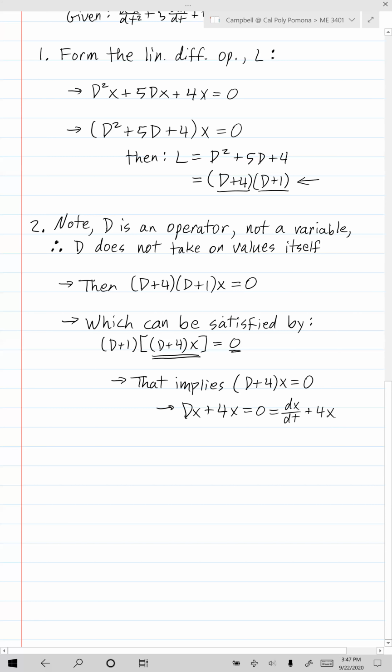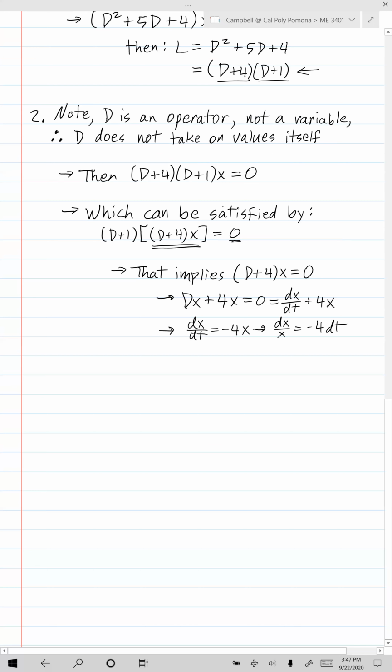Well, we can easily separate variables here, and we get dx dt is equal to negative 4x, which leads us to dx over x is equal to negative 4 dt.